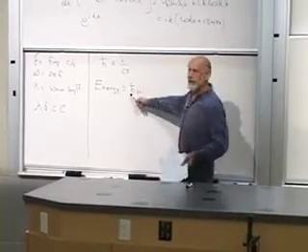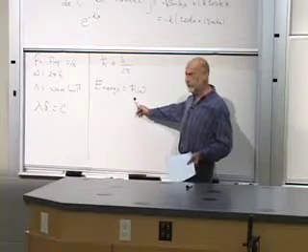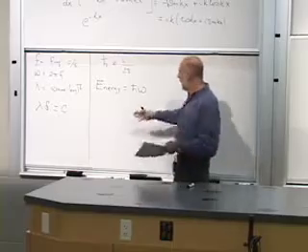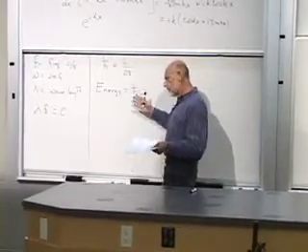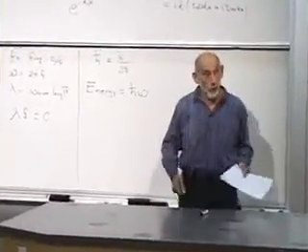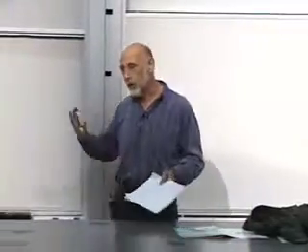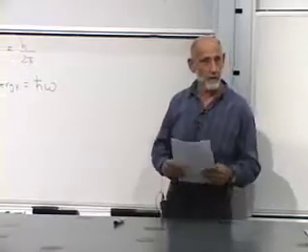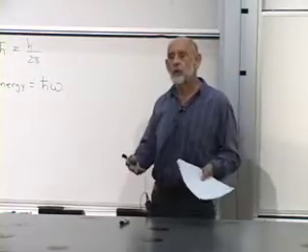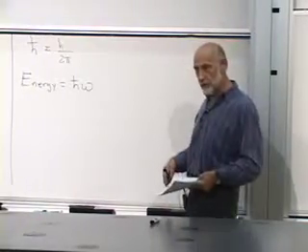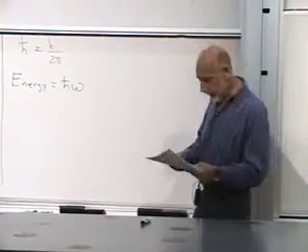But h bar is more than small enough to make the energy of a single quantum very, very small. If you multiply these two in the units that we've been using, you get the energy in joules, and you find out that the energy in joules is very small, 10 to the minus 19th or something like that. So it would take a huge number of optical photons to add up to any appreciable macroscopic conventional energy.